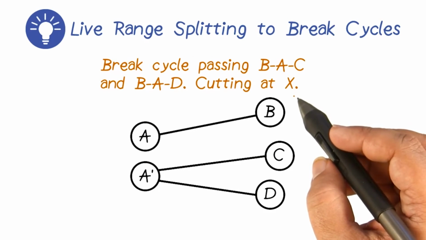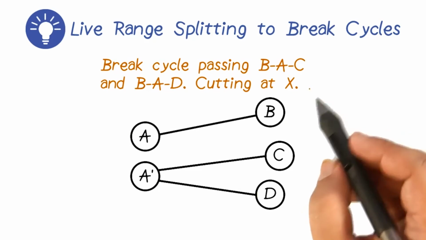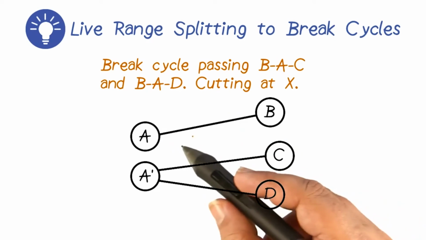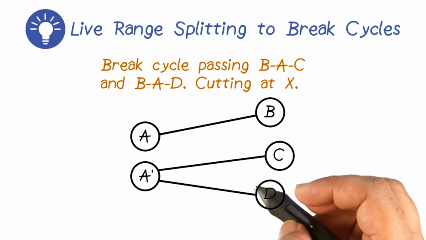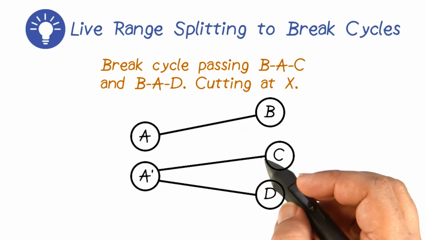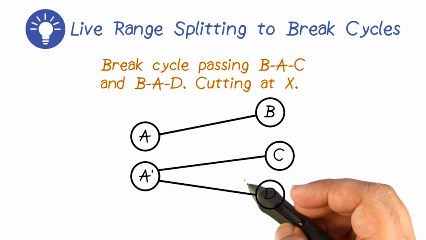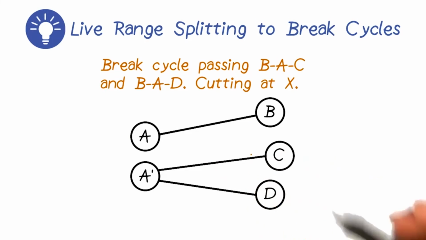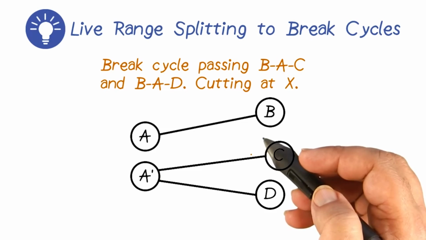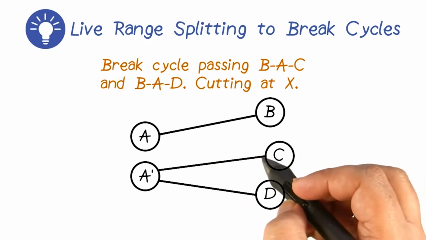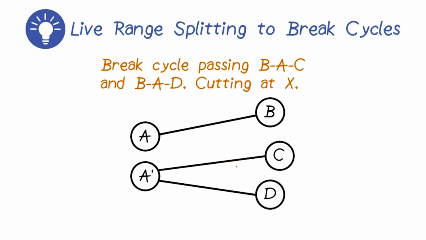If we just break the live range only at X, we can have an edge between A and B, but we still end up removing the edges between A, C and A, D, and any cycle like BAD could be removed because of this. So you can see that just by cutting only at X as well, we are able to remove these two cycles.